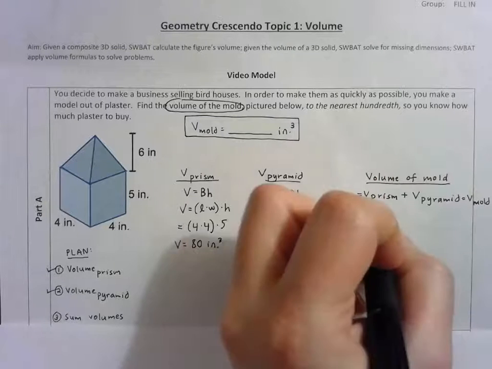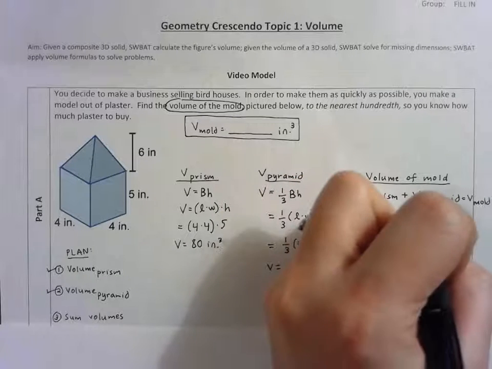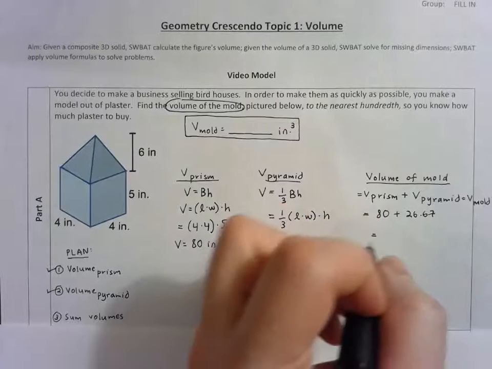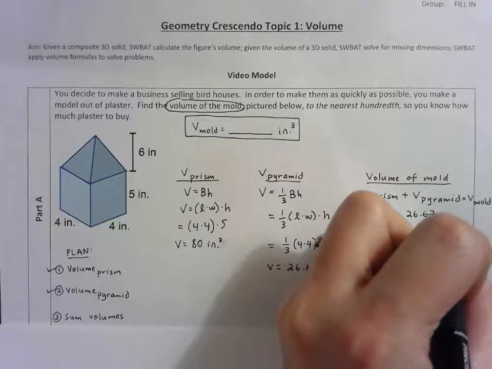Sub in my values, 80 cubic inches plus 26.67 cubic inches gives me a total volume of 106.67 cubic inches.